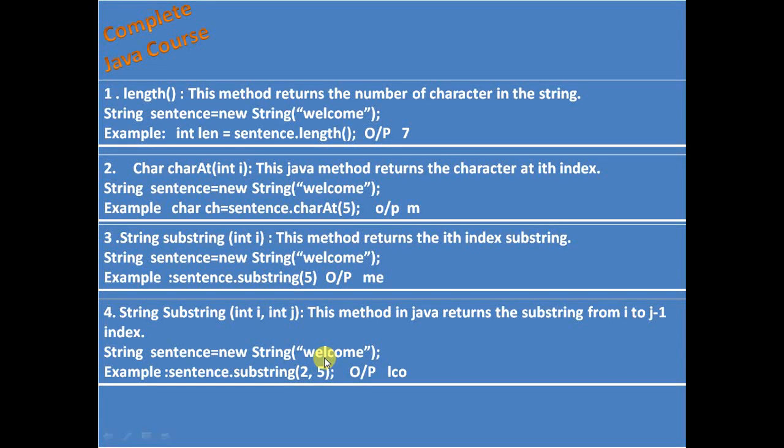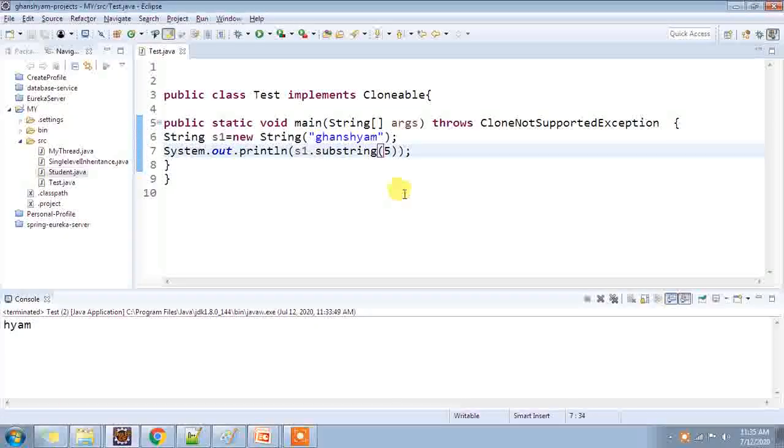Till 5. Just keep one thing in mind: the start index is counted from 0 and the end value is counted from 1. So the output is LCO.